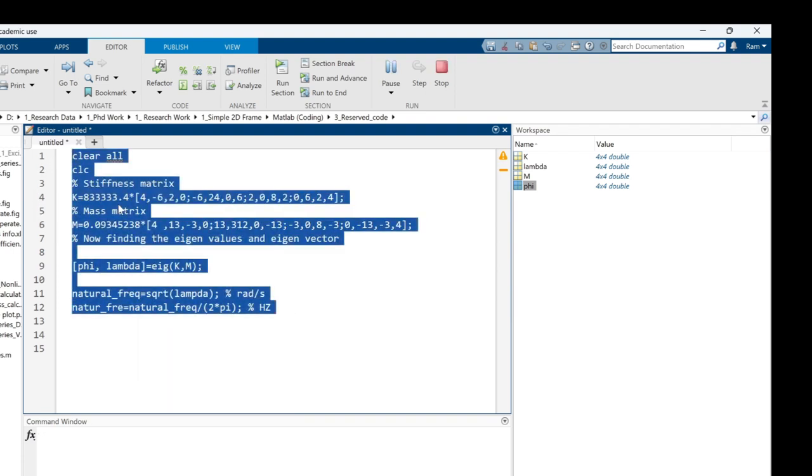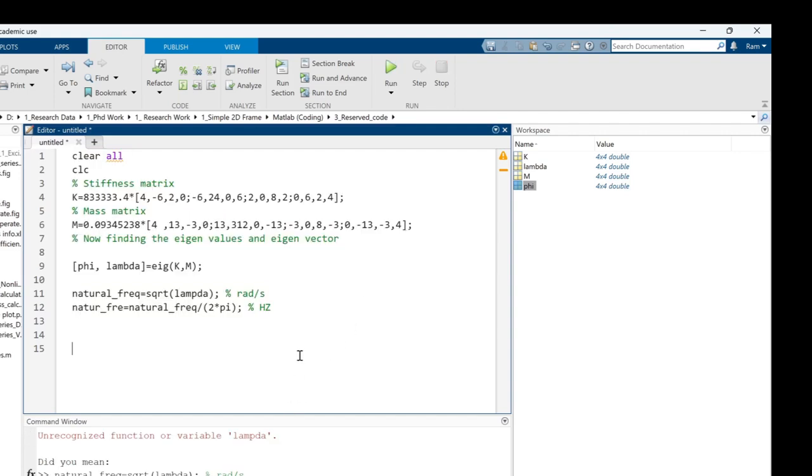If you run this one, what will we get? Sorry, this is your lambda.